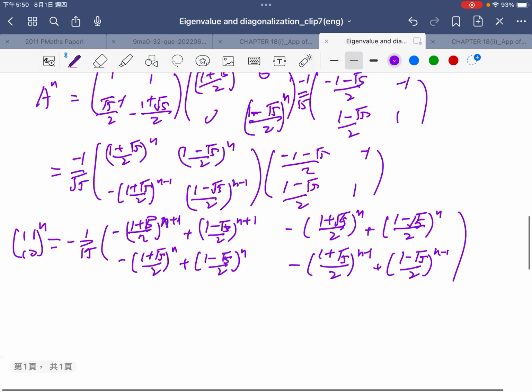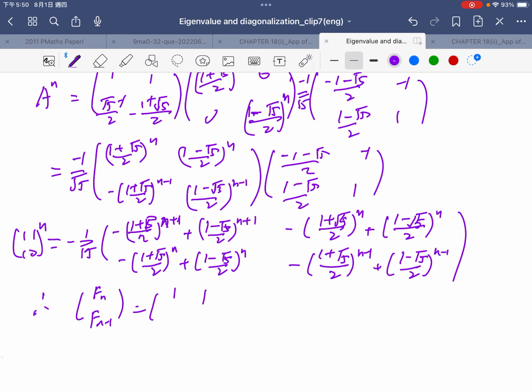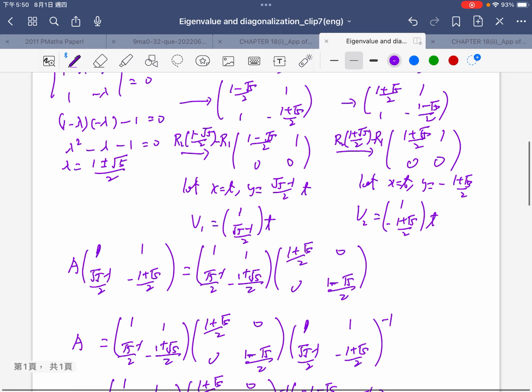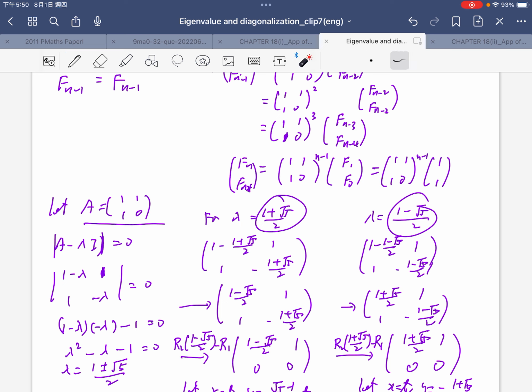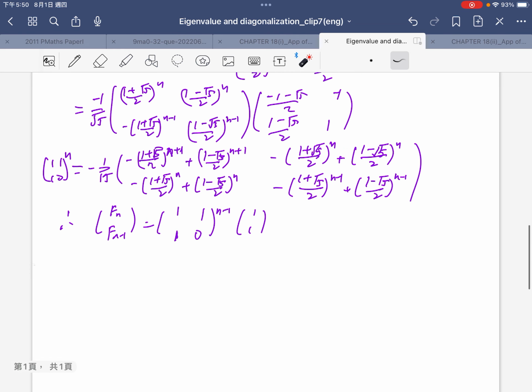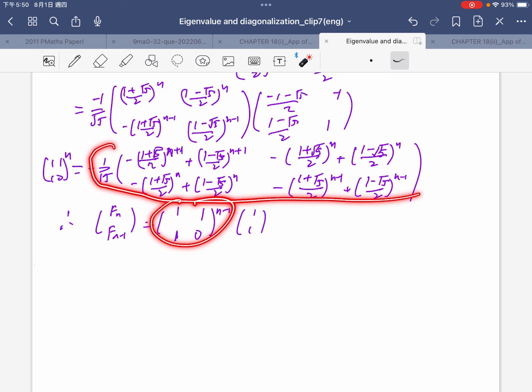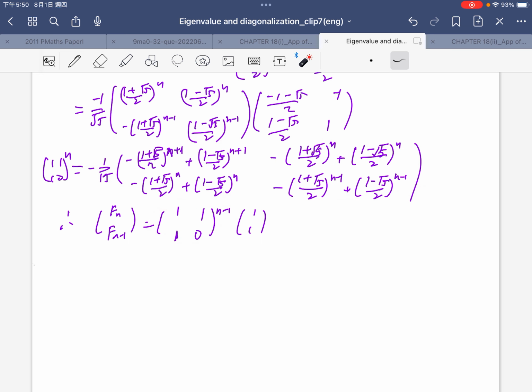And then finally, as in the beginning, we have fn minus 1 is equal to 1 1 1 0 to the power n minus 1 times 1 1. I can go back to this part. Yes. This I just copy to this part, and for this matrix, we can copy this to the next step.